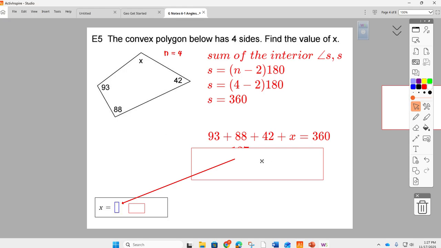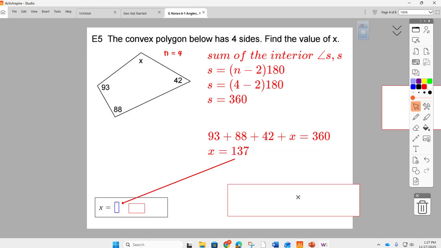I kind of skipped a step here. I should not have skipped a step. Kyle? So, since we already know that 4 sides is 360, you do not have to do this part if you already know it. Right. So if we subtract 223 from 360, we get 137. That is the measure of angle x here. All right, so far so good?